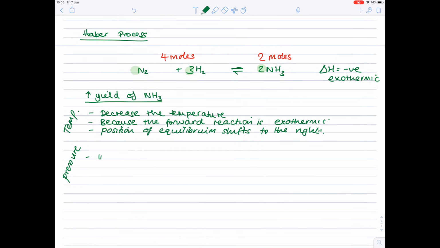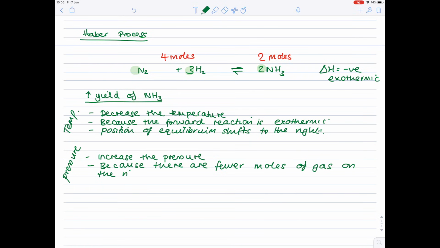And so in order to write this, we write increase the pressure to increase the yield. Why? Because there are fewer moles of gas on the right hand side.